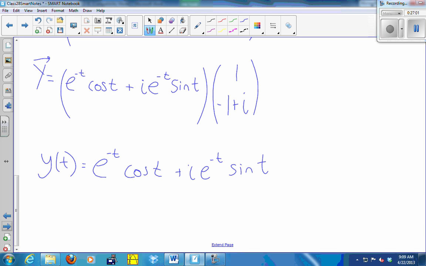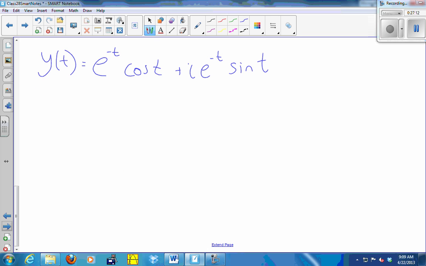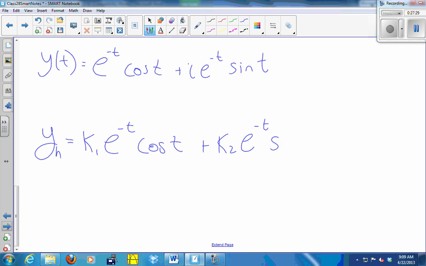This gives us two solutions: the real part and the imaginary part are both solutions in their own right. So we take a linear combination, and the general solution to the homogeneous equation is k1 e to the negative t cosine t plus k2 e to the negative t sine t.